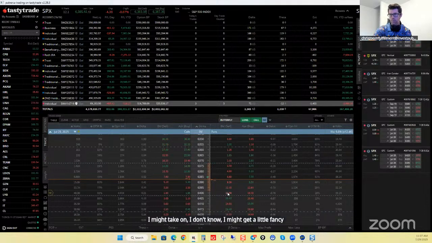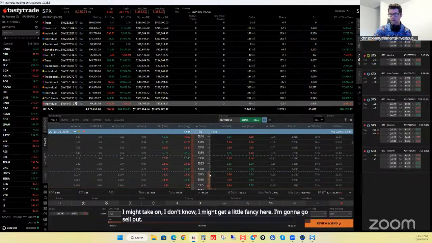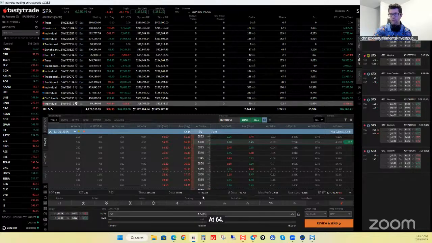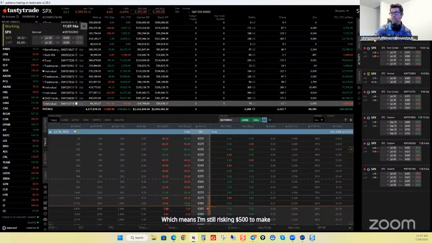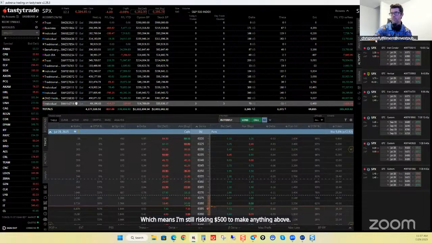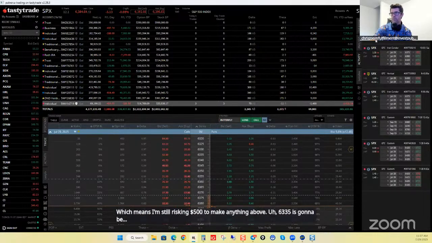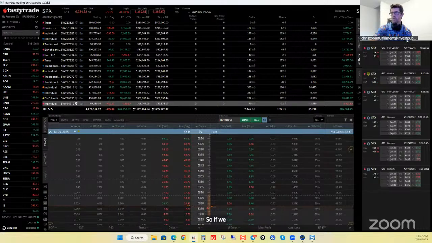I'm going to sell the put at 64, buy the put at 63.30, that's 70 wide. I'm going to try to get $65 on that trade, which means I'm still risking $500 to make anything above 63.35 is going to be $100 per point. So if we close at 63.36, 63.40, that's up to $500.